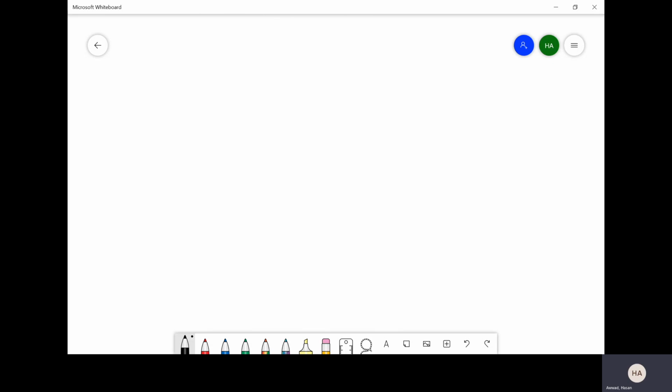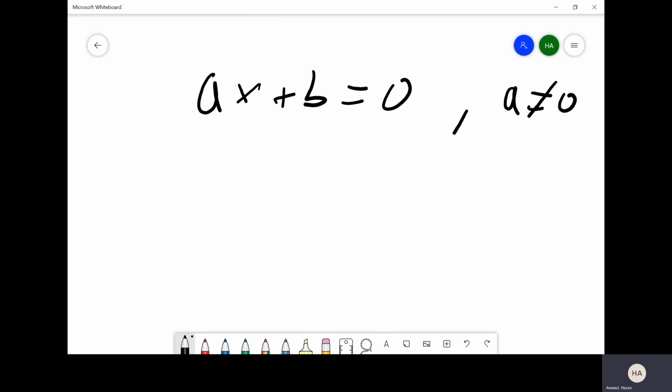So now let's actually discuss the main meat of this lecture, which is linear equations. A linear equation is always in the form of ax plus b is equal to 0, where a is not equal to 0. And the reason a can't be equal to 0 is because a is the coefficient of our variable.